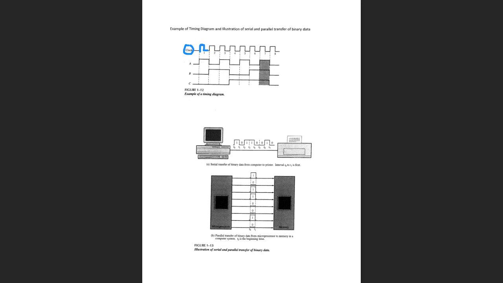How often does it repeat? How many cycles, a cycle being one repetition? And usually we look at the number of cycles in a time span of 1 second. So how many cycles do I see go down the line in a second? And we call a cycle per second a hertz.